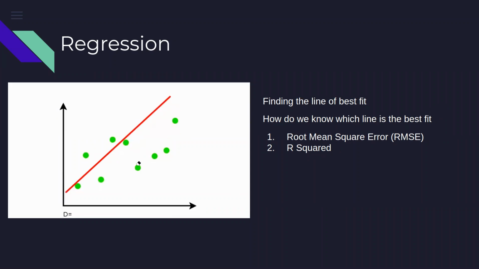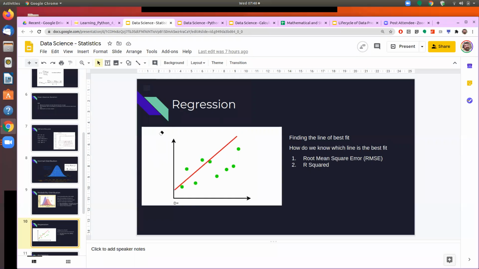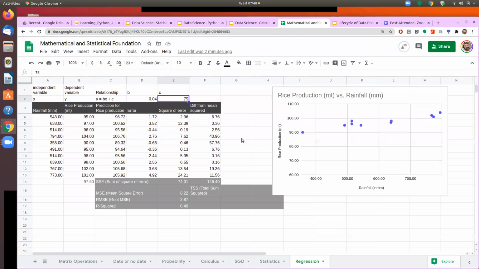And when we say most accurate prediction, it means that we are trying to reduce the RMSE and we are trying to get the most appropriate value for R squared. So if the R squared is 1, it means that there is a perfect correlation.